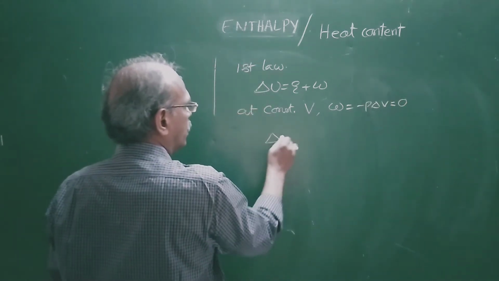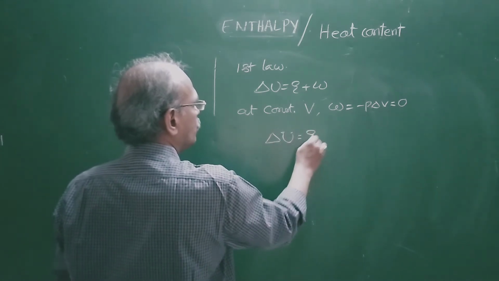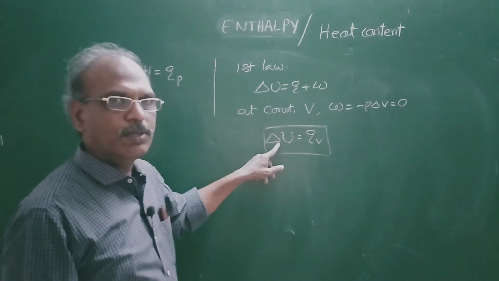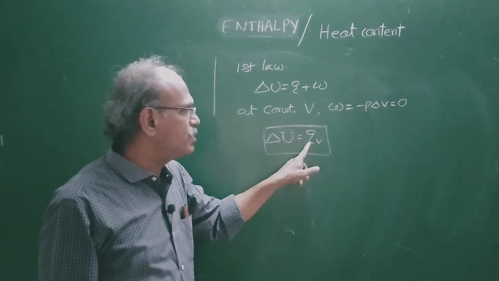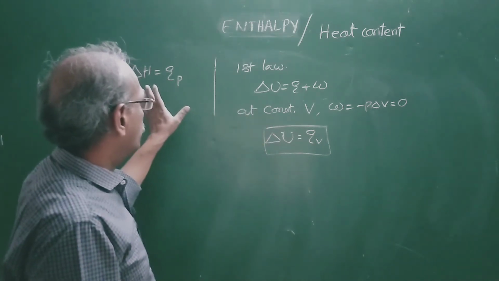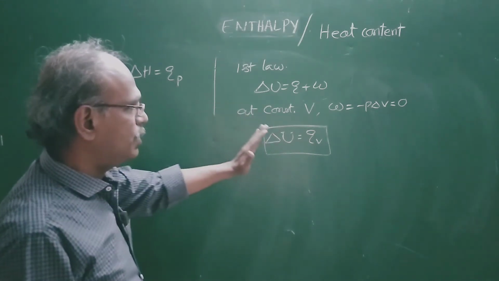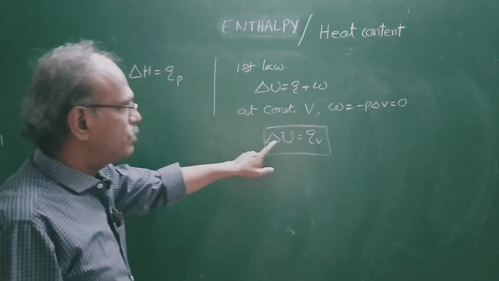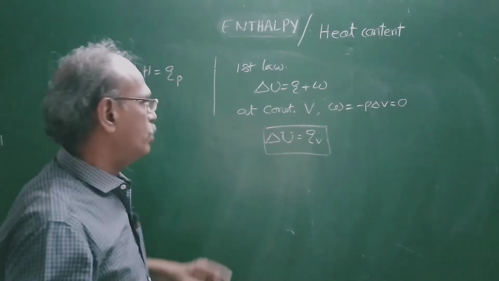Therefore, delta U is equal to QV, which means the heat energy given to a system at constant volume. This is the difference between delta H and delta U. One is related to constant pressure, the other to constant volume.